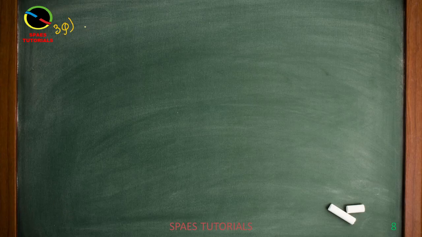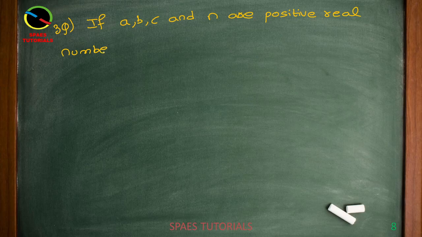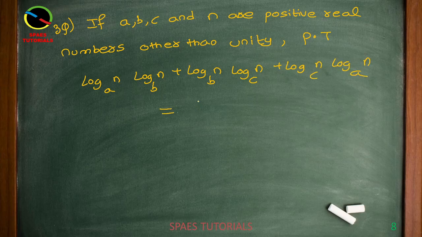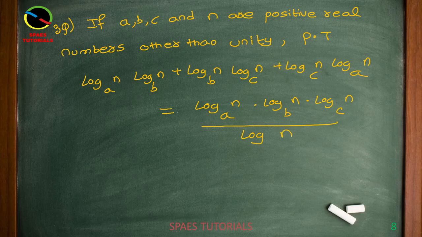Question, that is third question. If A, B, C and N are positive real numbers other than unity, unity means 1, prove that log n base A into log n base B plus log n base B into log n base C plus log n base C into log n base A is equal to log n base A into log n base B into log n base C divided by log n base ABC.